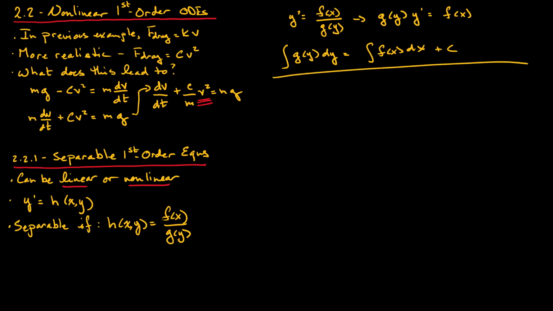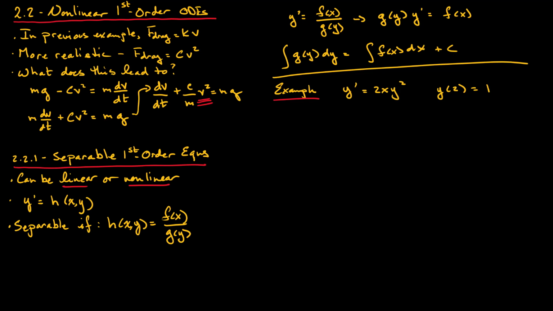So let's look at a very simple example right now, where we have a simple ODE of the form y prime is equal to 2x multiplied by y squared. And we might have an initial condition: y at x equal to 2 is equal to 1.